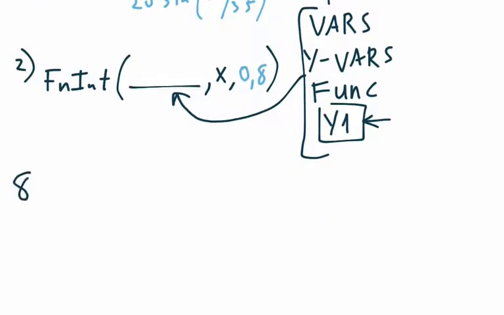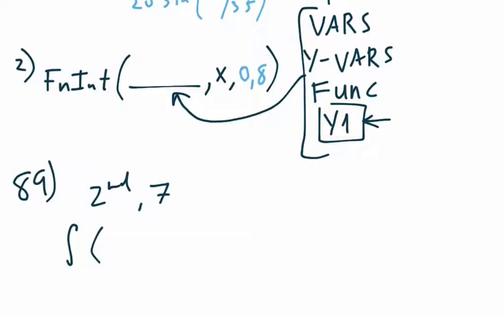Then, on the TI-89, you would go to the home screen by either hitting home or hitting second quit, and then you would go to second 7, and that would bring up the little integral symbol like that, and then you would type in your thing.